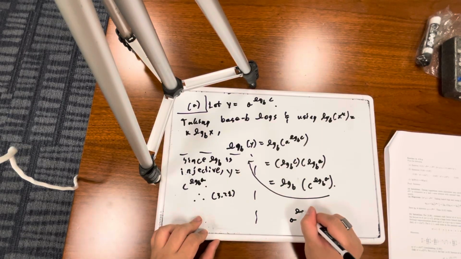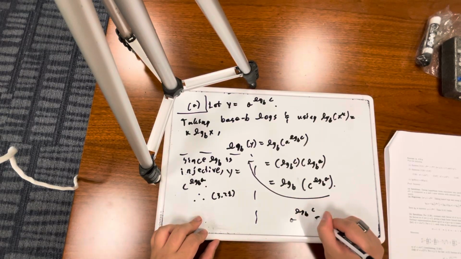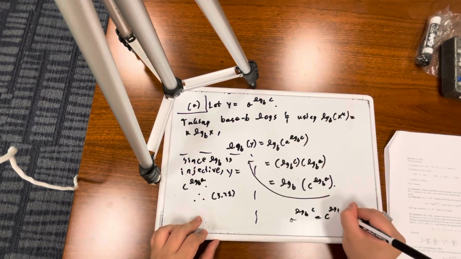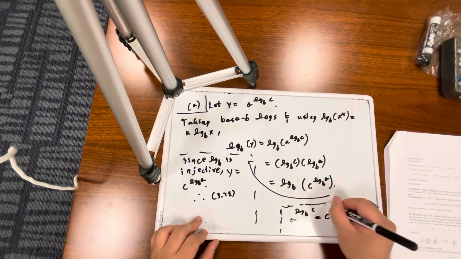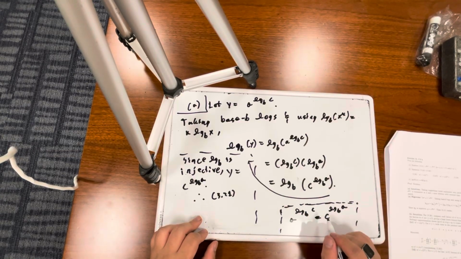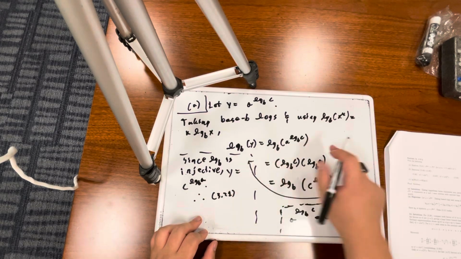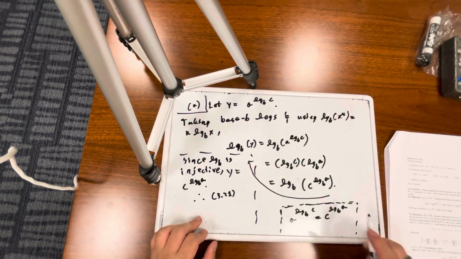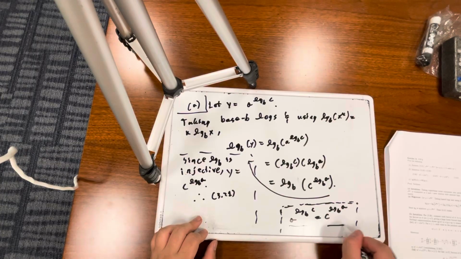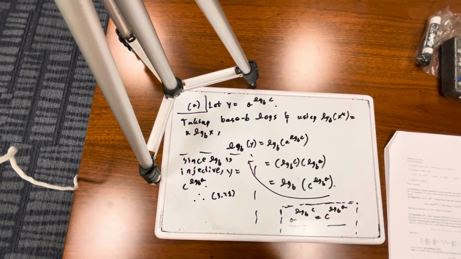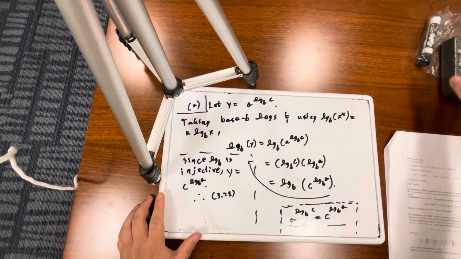We were trying to prove a to the log base b of c is equal to c to the log base b of a, right? And that's exactly what we got by taking the logarithm base b of y, which was this part, to get this part. So now let's proceed to b.